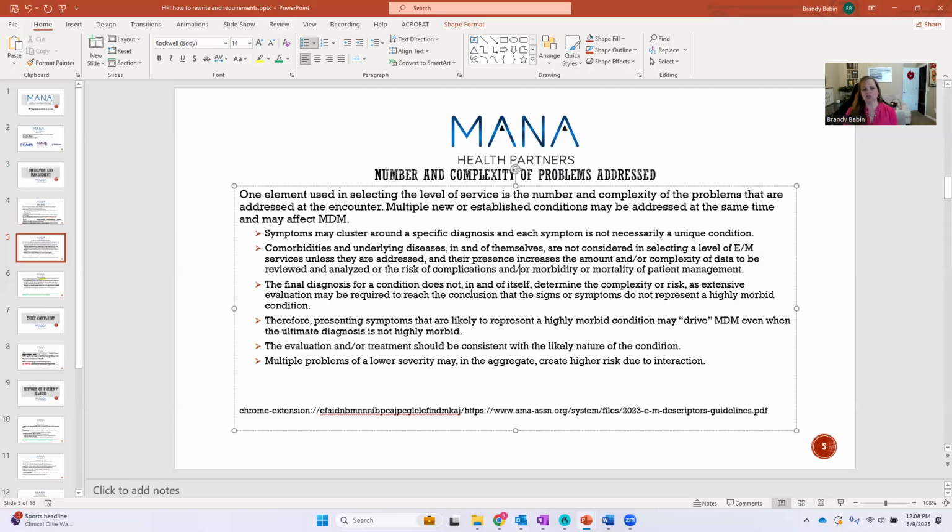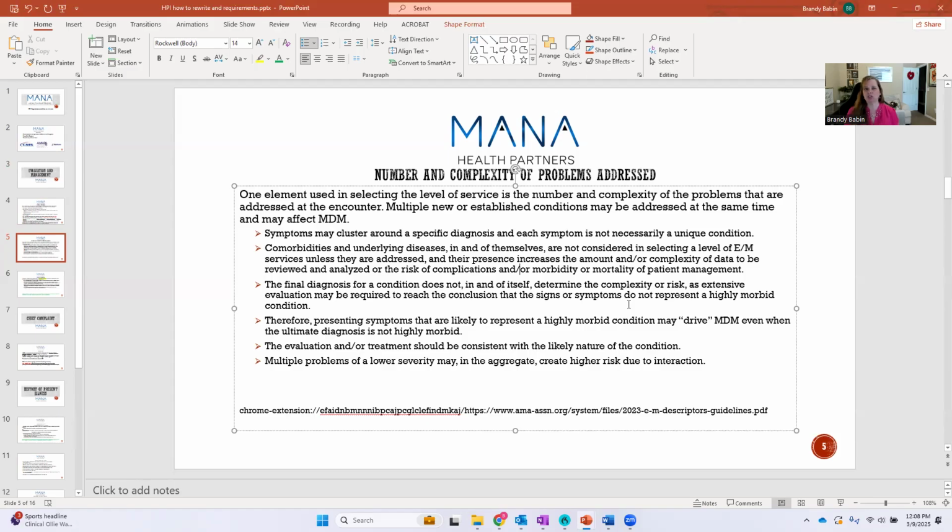The final diagnosis does not in and of itself determine the complexity or risk factor. Again, cough with COPD versus cough. It doesn't reflect the risk, the extensity of what you're doing, or the signs and symptoms based on that.